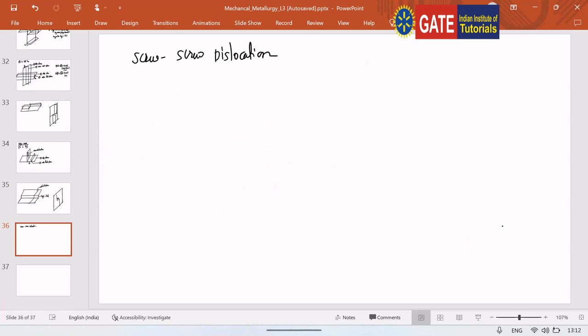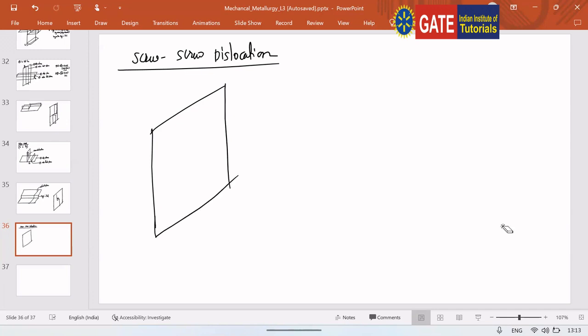So when we have two screw dislocations which are interacting, I'll give you one figure first, and then we'll talk about it. Suppose this is one slip plane, and imagine this is another slip plane.